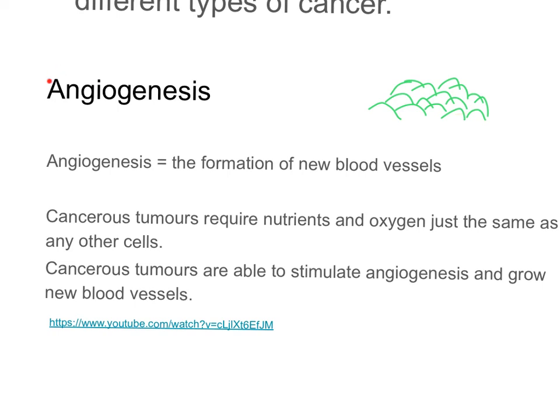Angio comes from the Greek word meaning vessel. So we're talking about blood vessels in this case, and genesis means to create. So what these cancerous tumors do is they will create blood vessels. And these blood vessels will run through the tumors, allowing the tumors to acquire nutrients and oxygen that they need to live, which is just the same as any other cells.